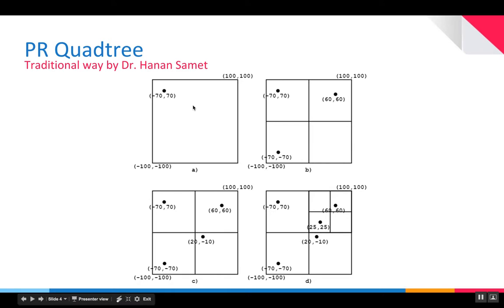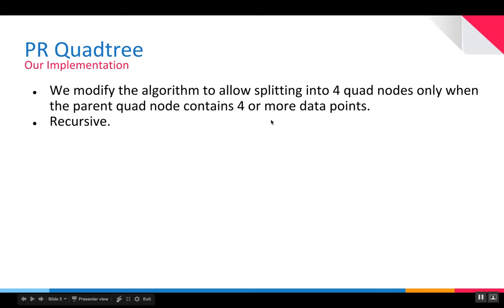We only split the quad node once its leaf capacity has been reached. That capacity can be configured directly, say 4, 8, 16, 32, or whatever you wish, based on your data or how you would like your search and insertion time.